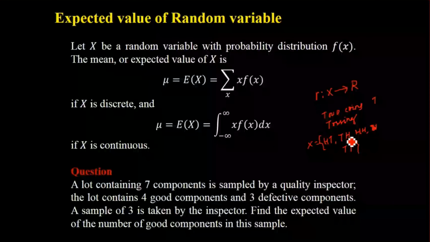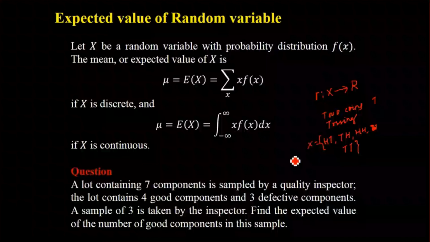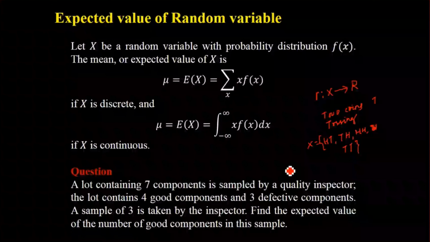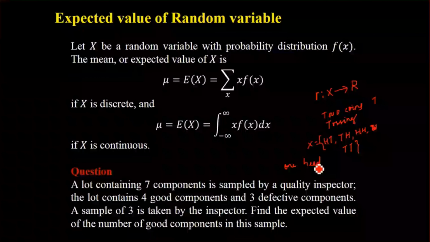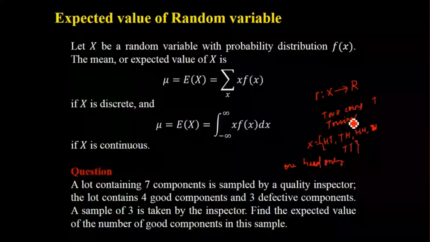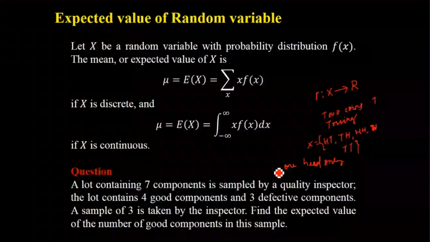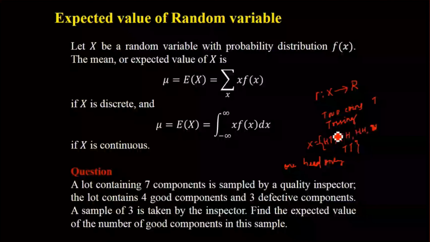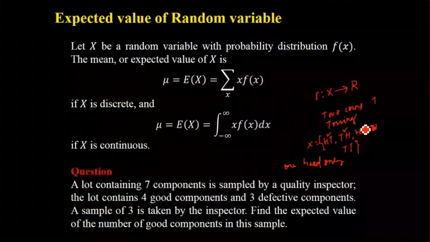If I am concentrating on one head only, meaning in two tosses only one head will come, then what are the cases? This case and this case, only one head.